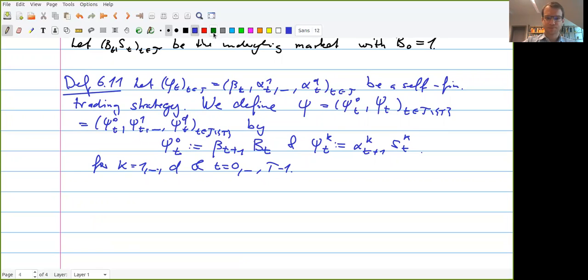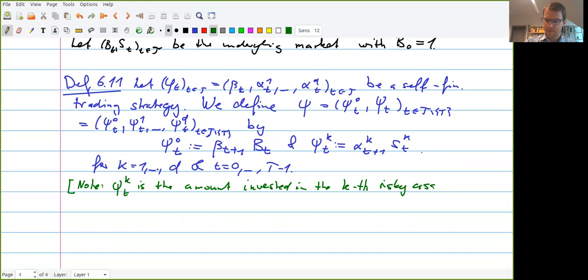Note that what I verbally explained is the amount invested in the k-th risky asset at time t.